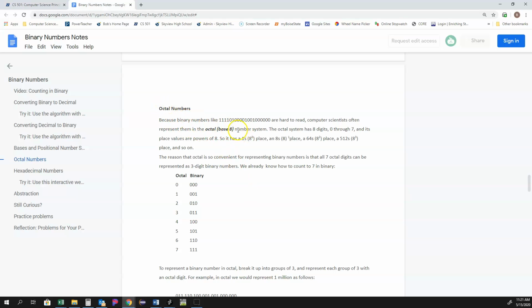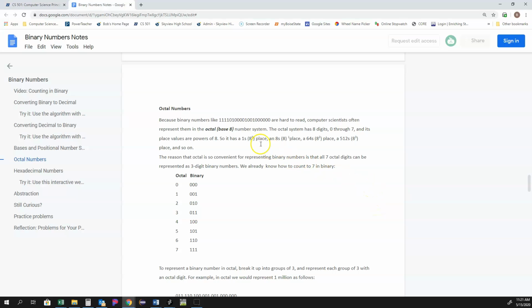Octal is a base 8 number system, so each value jumping over to the left is a multiple of 8. We have a ones place, times 8 is an eighths place, then times 8 is a 64ths place, times 8 is a 512ths place, and so forth.